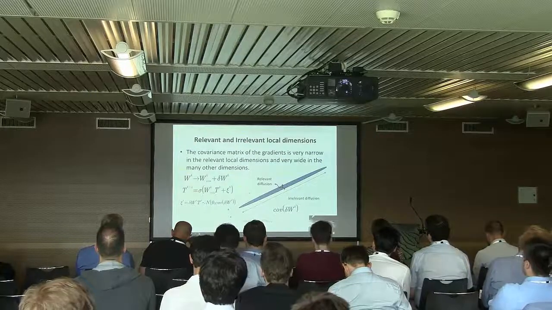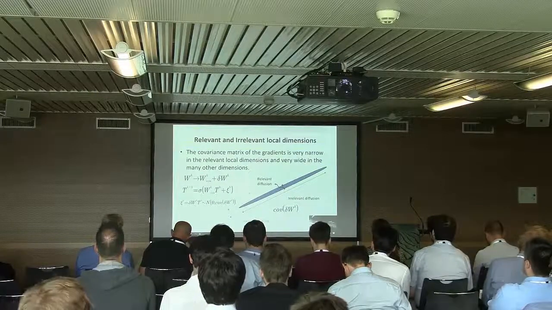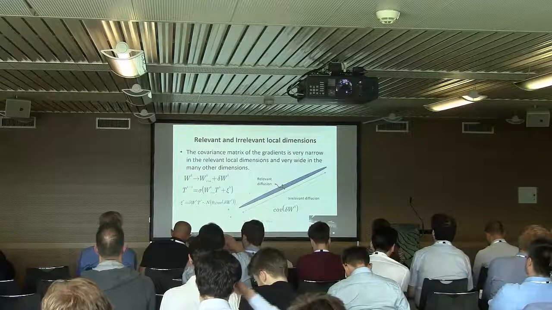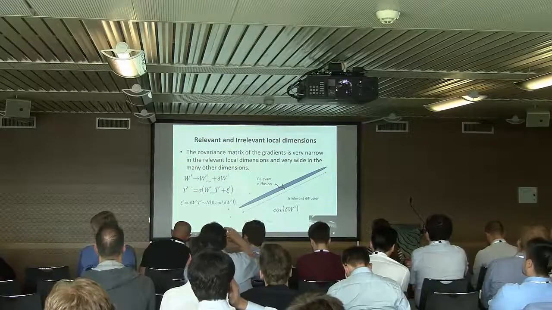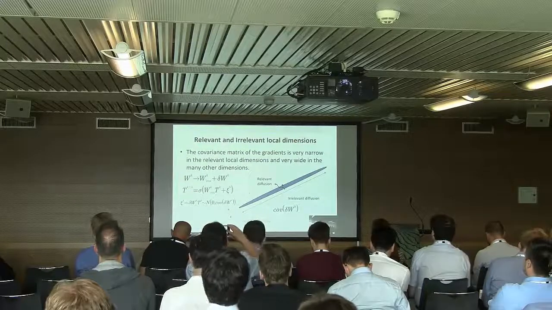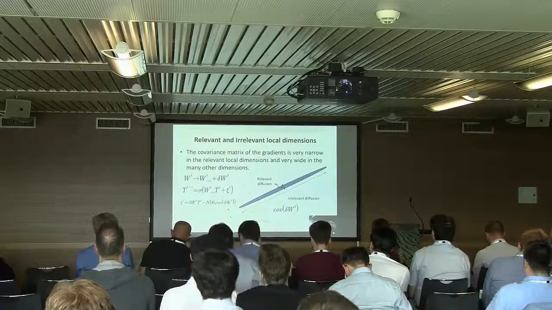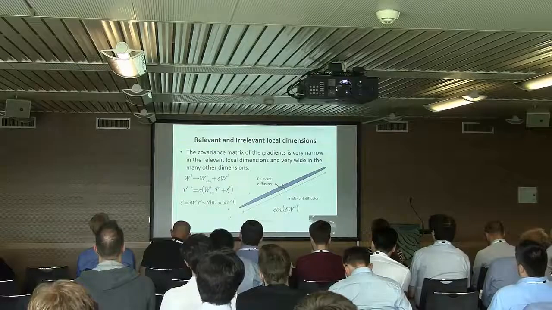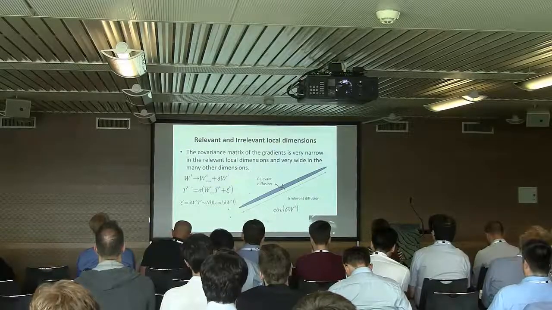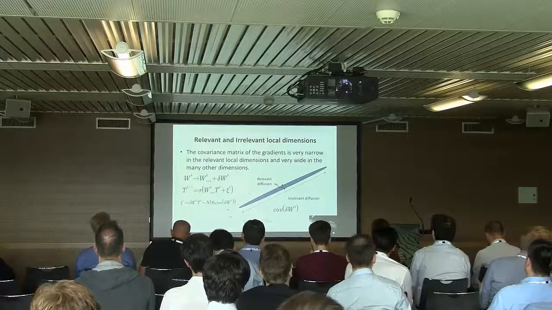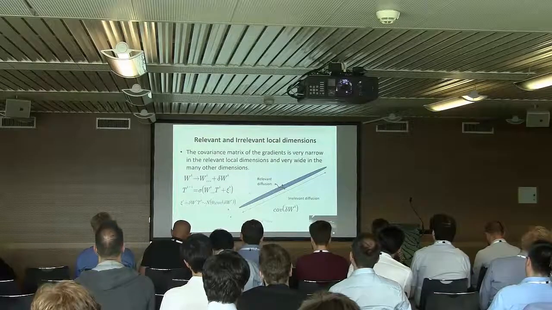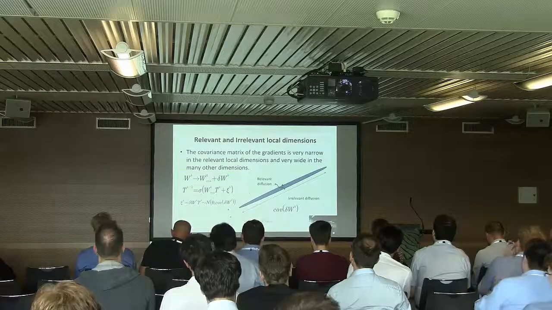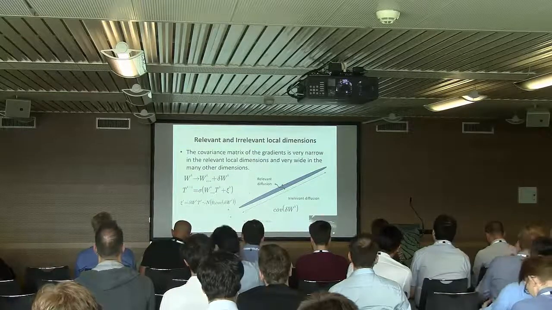So why is the diffusion much faster in the irrelevant dimensions? Because nothing is going to prevent the weights from growing in these dimensions, because they're not affecting the label. So fluctuations in those irrelevant dimensions, which are induced by the batch-to-batch fluctuations, which as I said are due to the different backgrounds of each image, are going to grow like square root of t eventually in these irrelevant dimensions and create this delta W matrix.